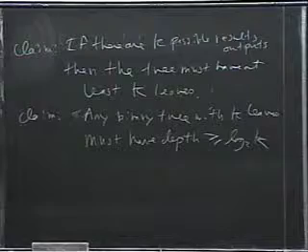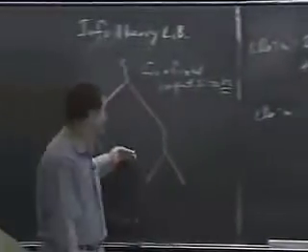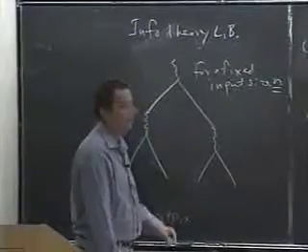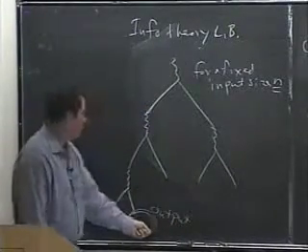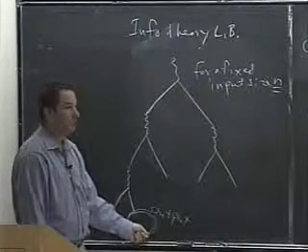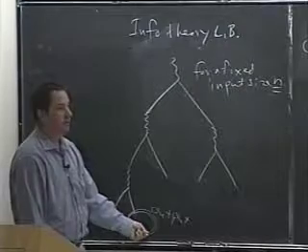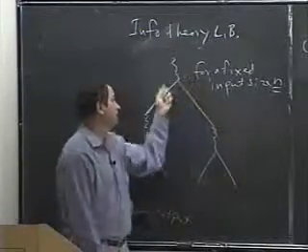Well, it's just a fact about binary trees. You're doubling at most the number of nodes at each level as you go down. So there has to be some path in here which has depth at least log base 2 of k, which means that the worst case behavior of that algorithm must be at least log base 2 of k.